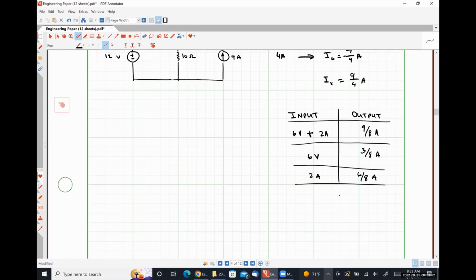Next, we took our original input, 6 volts and 2 amps, scaled that by a factor of 2, and found out that our output did indeed double, giving us 9/4 of an amp.